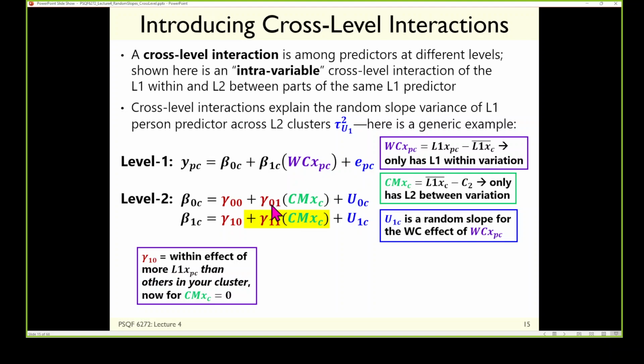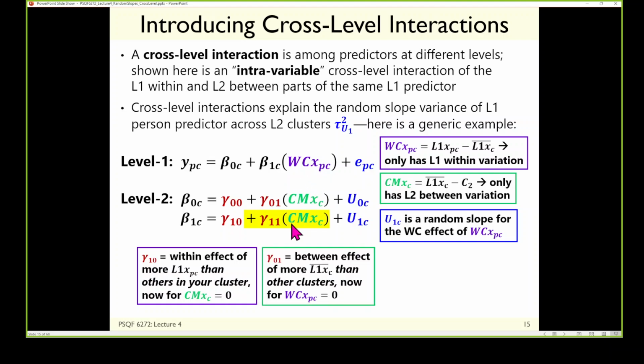Likewise, gamma 01 is the main effect of my level 2 predictor, which is my cluster mean, specifically when its interacting variable is 0, which is the other one. So this is the between effect, specifically when people are at their cluster mean, because that's when the within-cluster X is 0.